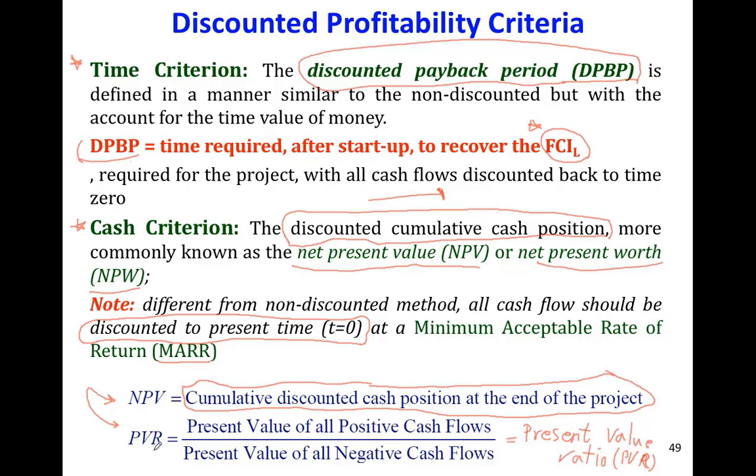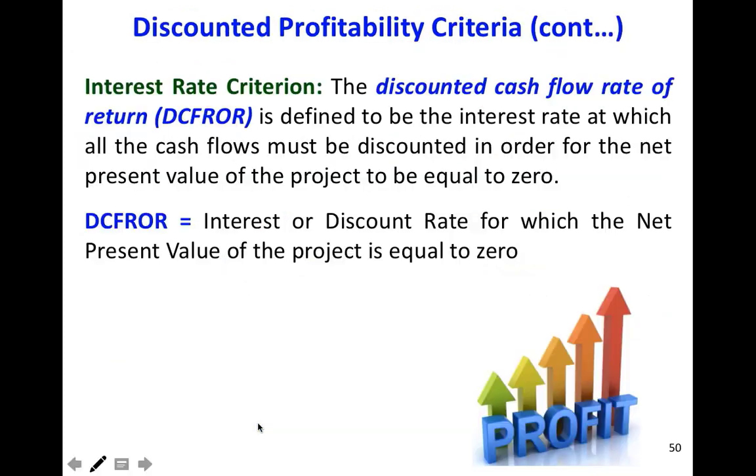This is another way to show the profitability. How much positive cash you had at the end of the project, considering the value of the money, divided by all the negative cash flow, all the expenses that you had. So the ratio also shows how much money you made, the profit of your company.